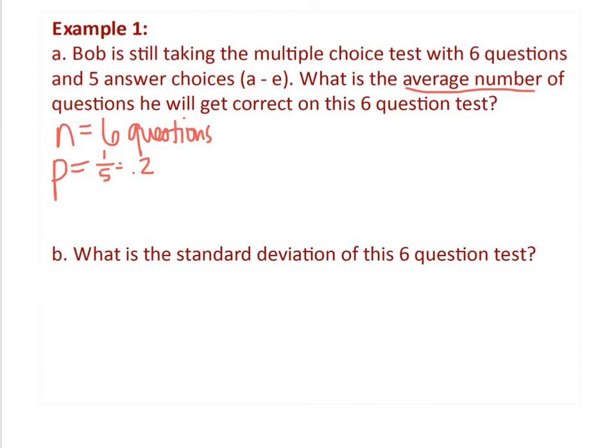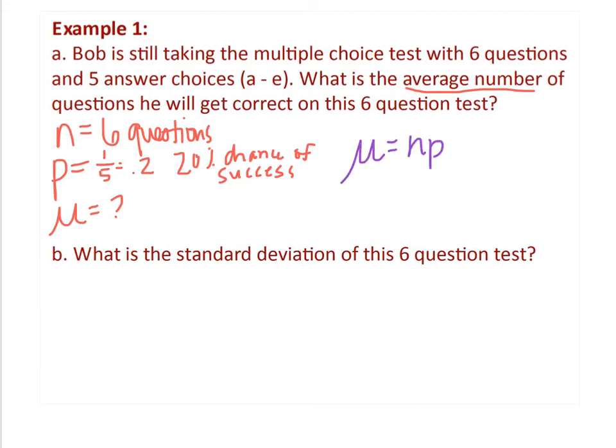So we have a 20% chance of getting it right. And we want to know, what is the mean? Well, the formula that we just saw is that the mean equals n times p. So 6 times 0.2 gives me 1.2.